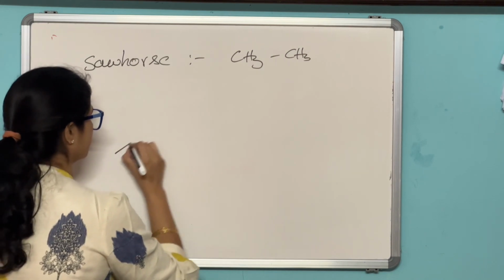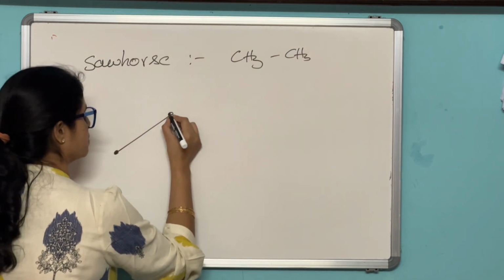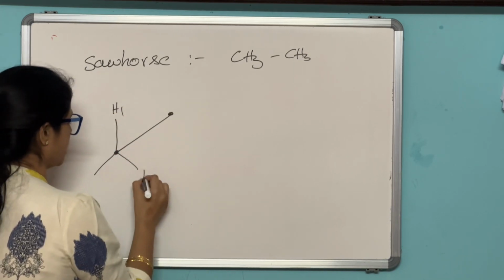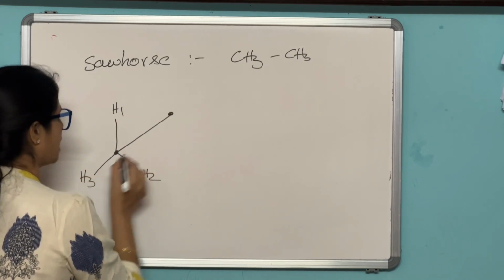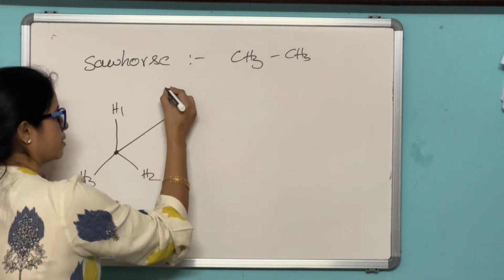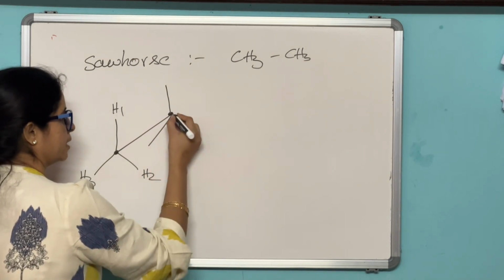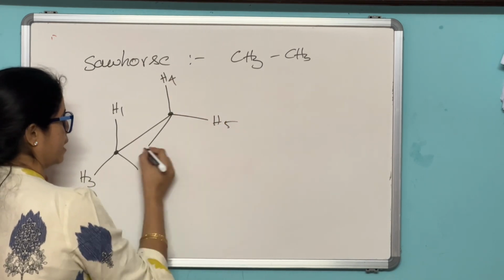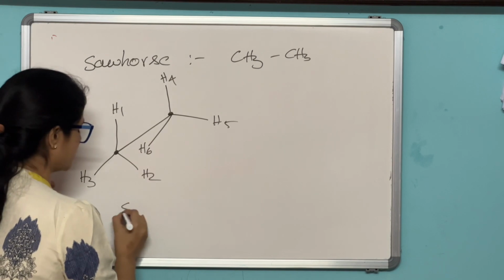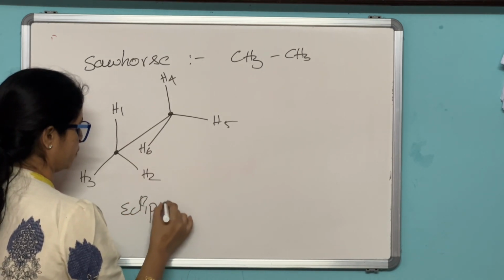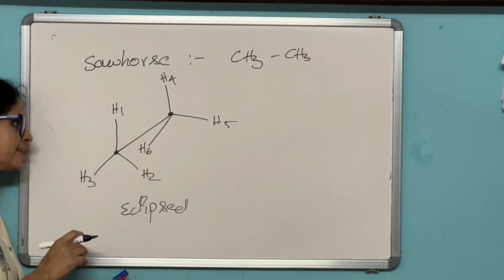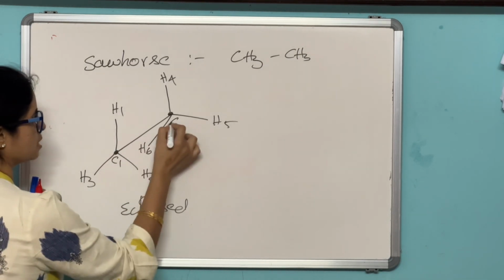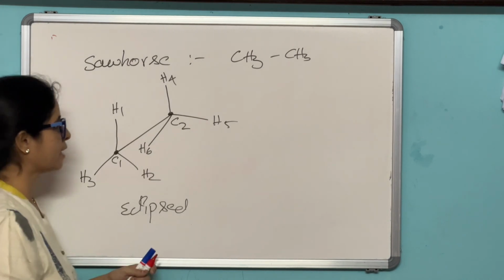Here you write the first carbon atom and the second carbon atom, with the first carbon atom hydrogens H1, H2 and H3, and the second carbon atom hydrogens, exactly here I am writing the eclipsed form, H4, H5 and H6. So it is the eclipsed form. If you view like this, this is the C1 carbon and C2 carbon. Now write the staggered form.